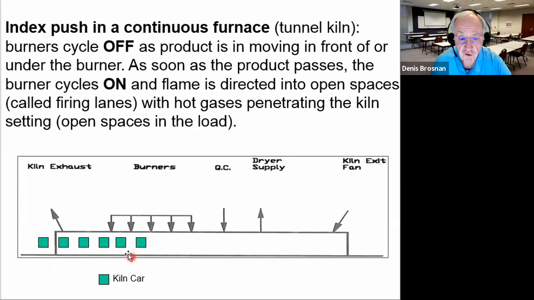Whenever there is a push, we call this a continuous kiln, but it's actually pushed in increments. And so whenever the product is being pushed and going under the burner position, the burners cycle off until the product is past that position, and then the burners come back on. An index push to avoid flame impingement.